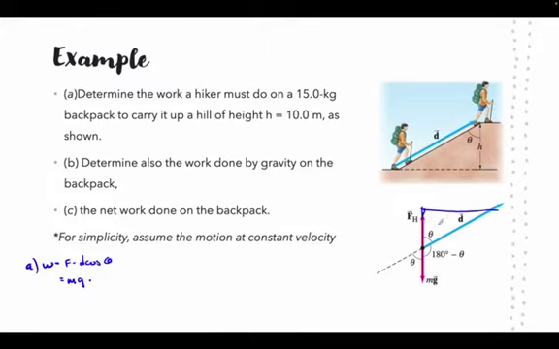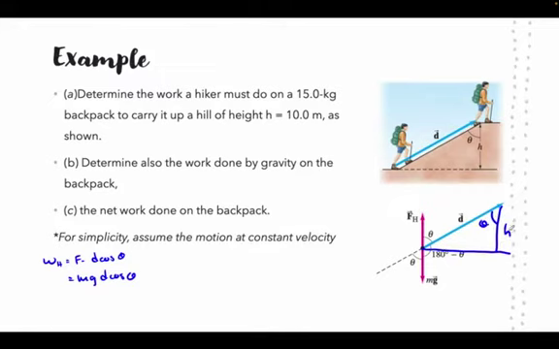Oops, I erased the whole thing. So the work of the hiker is going to be equal to F d cosine theta, which is mg d cosine theta, right? If we look at our diagram and our ramp, if I make a triangle here, then this is also theta and this is h, which means that d cosine theta is equal to h.